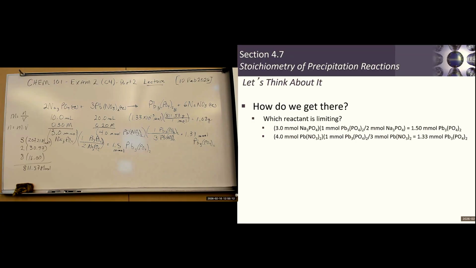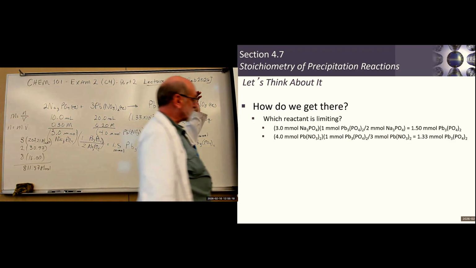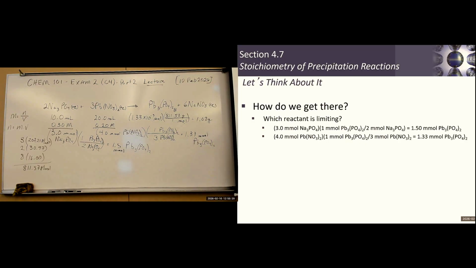Yes, you're always going to divide by. That's the one you want to get rid of, right? Because the one you start with is in. My bad, I'm talking about the one on top. This one? Sorry. The Pb3(PO4)2. Okay. Yes, so you're always going to do the one that is the precipitate for this. Yeah, this is the one that you're going to end up with.